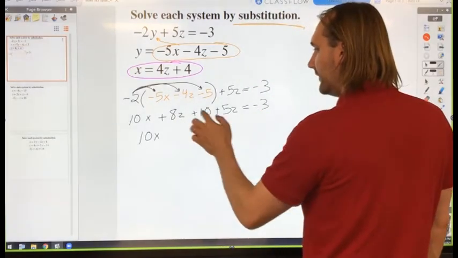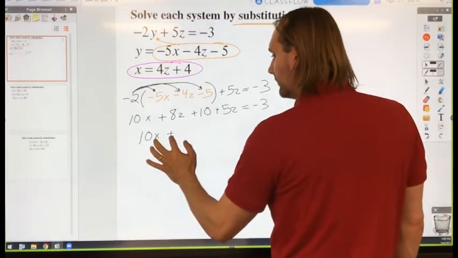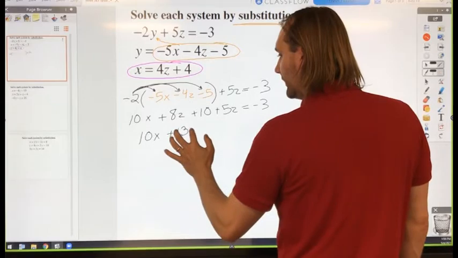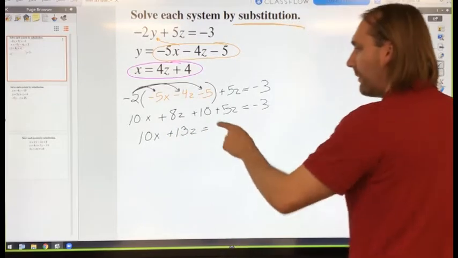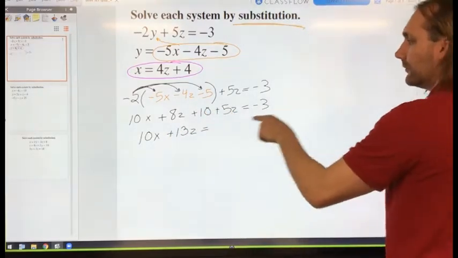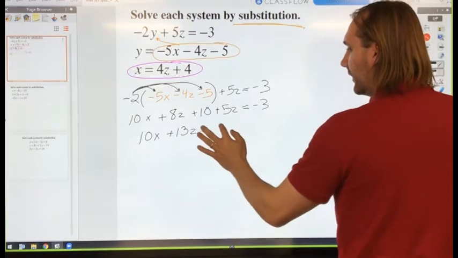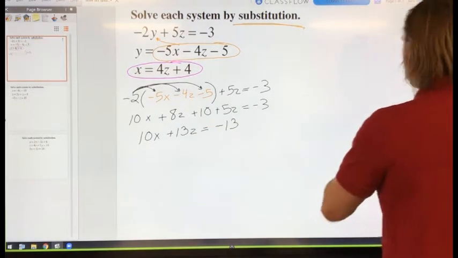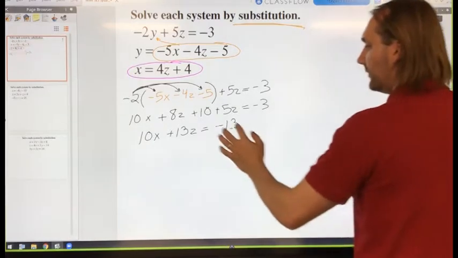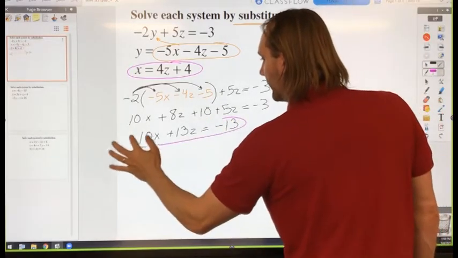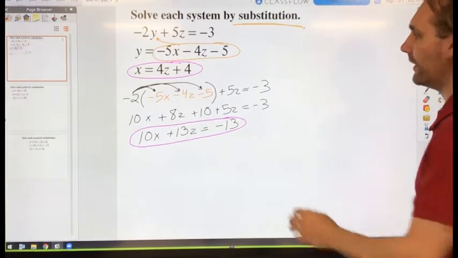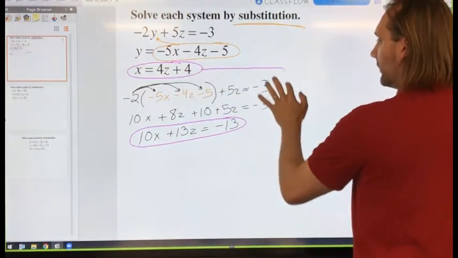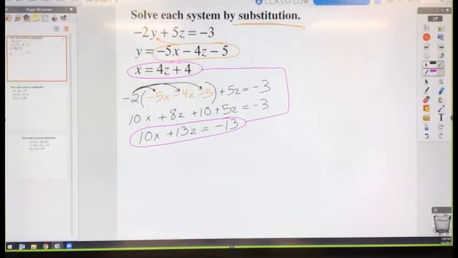I have 8z, and a 5z gives me 13z. And I'm going to go ahead and move that 10 over. So I'm going to subtract 10 on both sides. Negative 3 minus 10 gives me a negative 13. So this gives me an equation with just an x and a z, which I'm going to pair up to this equation with just an x and a z.